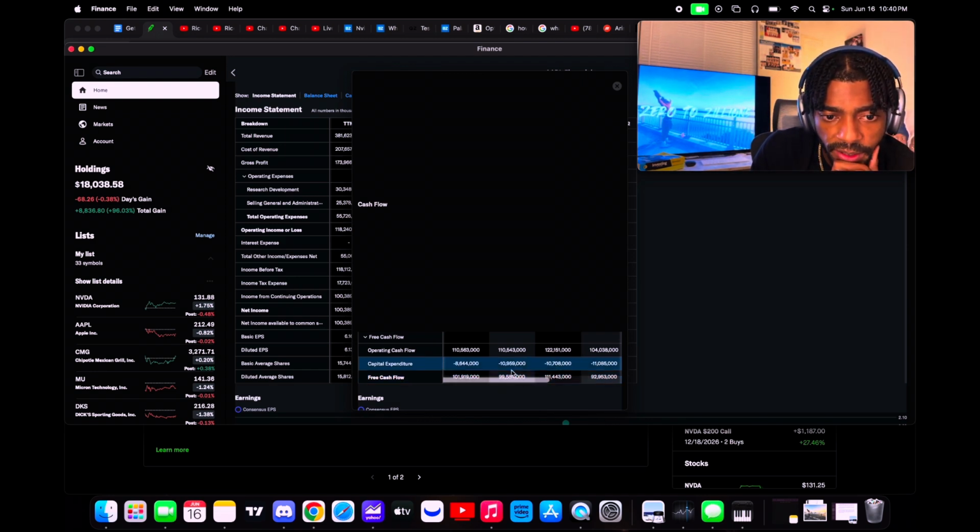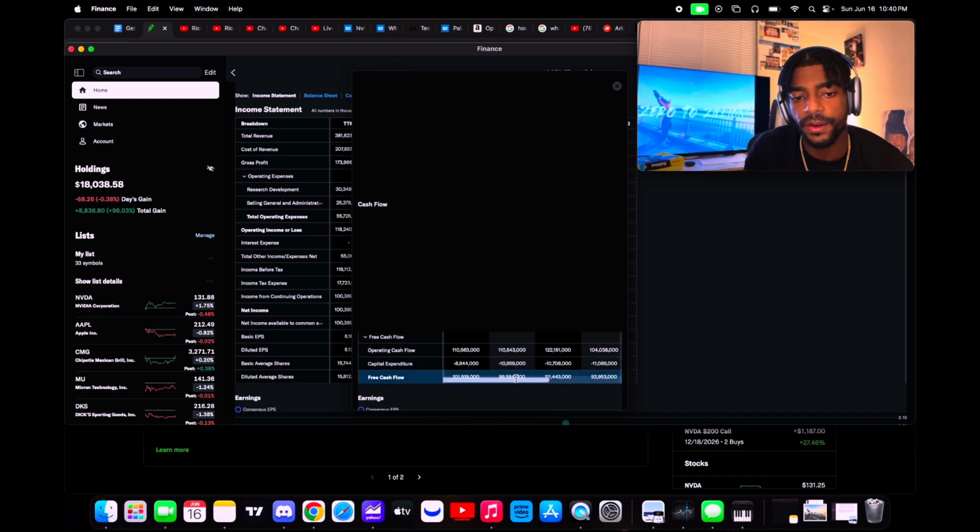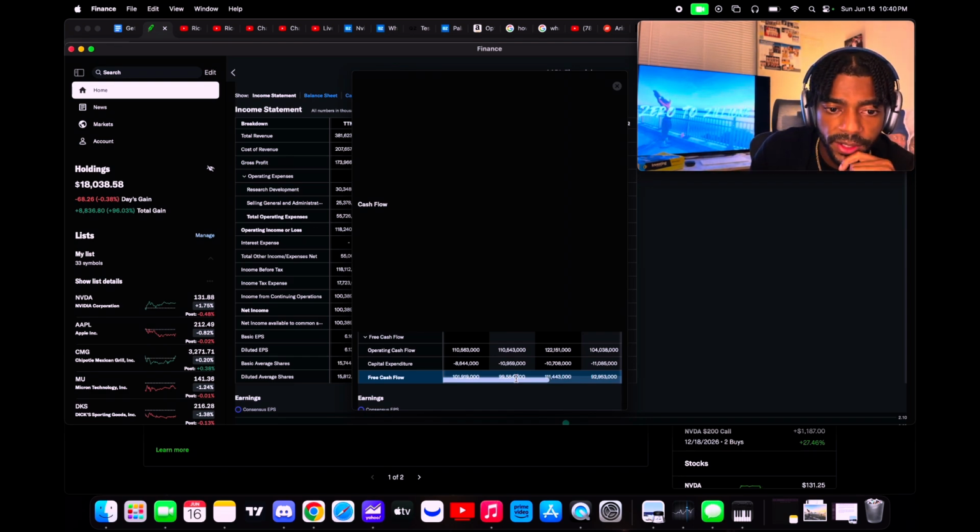See from right here to right here how much cash dipped, and they're putting that cash into other assets. They're buying up things. That's why Apple is going to continue to grow, continue to dominate, because they have so much free cash flow to put into these other projects.